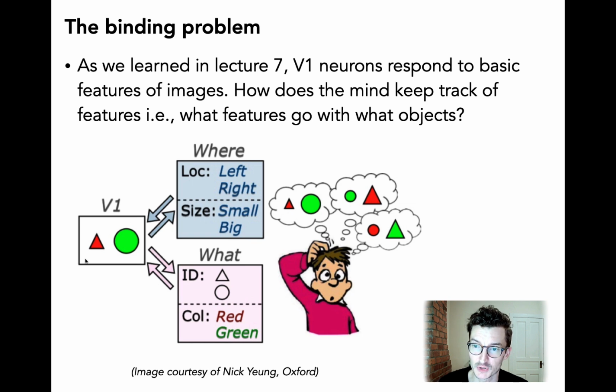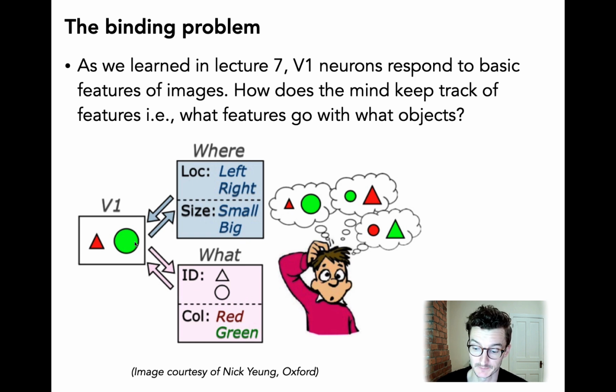How does the brain keep track of the fact that red goes with the triangle, and the triangle is small, and green goes with the circle, and the circle is big? How does the brain bind those features together?